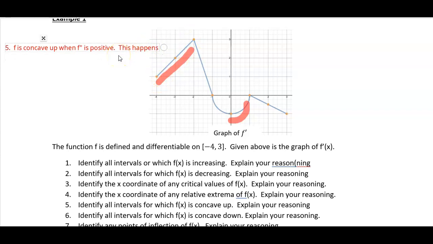We'll just go ahead and say this happens on the intervals -4 to -2 and 0 to 1. Those are the two regions that I've got highlighted here. So f is concave up when the second derivative is positive. The second derivative is positive anytime the graph of f prime has a positive slope. And that happens on these two intervals that I've highlighted here.